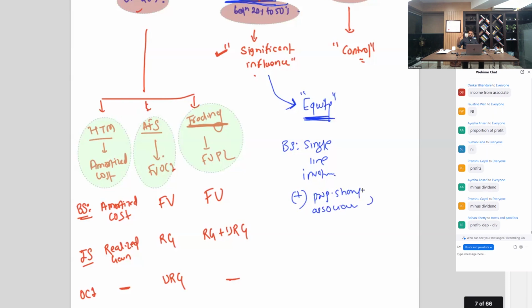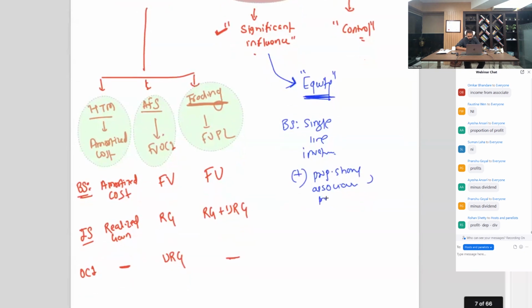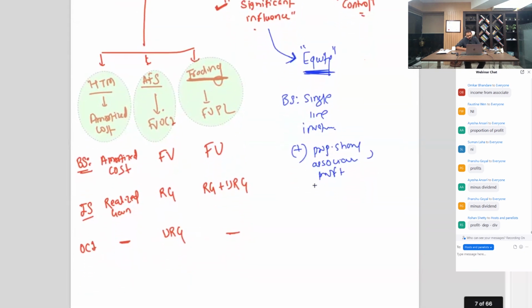First year that associate made a profit of 1,000, and if I'm assuming I own 30%, 30% of their profits will be shown as my profits, and my investment value will increase by proportionate share of associates profit.